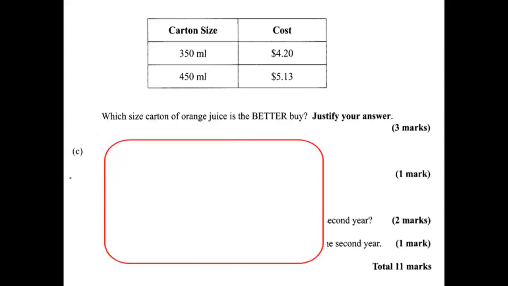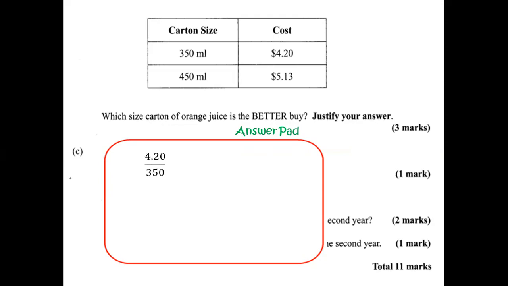All right. Going well. Grabbing our answer pad, we're on the same question. This question is about the better buy. Which carton of orange juice is the better buy, right? 350 milliliters for $4.20, or 450 milliliters for $5.13.